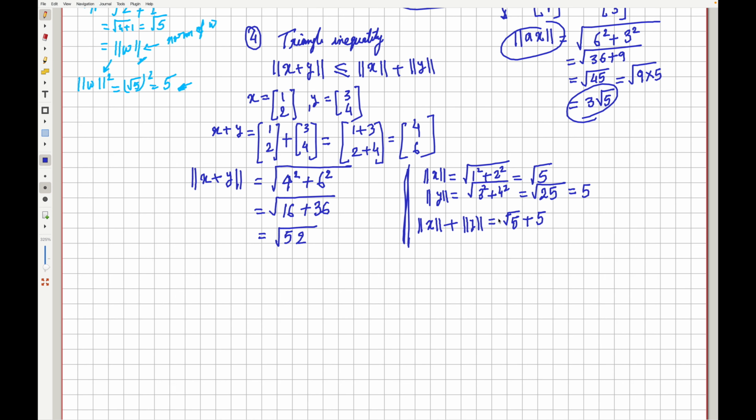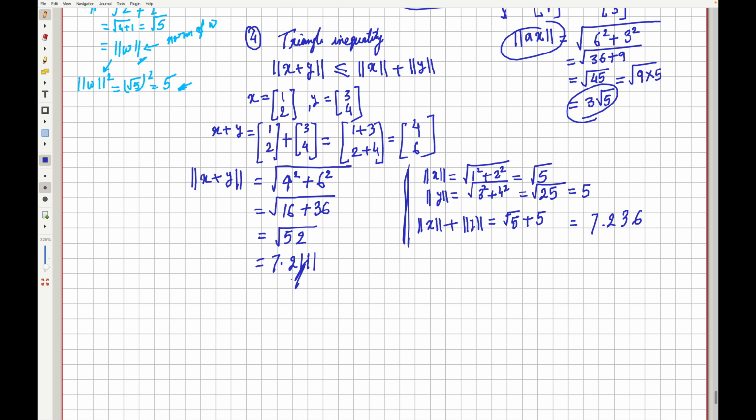The first one is the square root of 52, which equals 7.2111. On the other side, it was 5 plus the square root of 5, and here we get a value of 7.236.